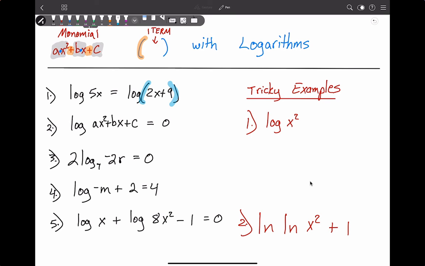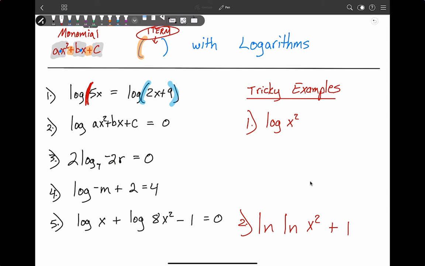So let's look at example number one. We don't have to worry about where the parentheses lie here because they're given to us. So let's initialize our parentheses with example one. It's directly after the log, and you ask yourself, what is the first term that follows this parentheses that's glued together with multiplication?